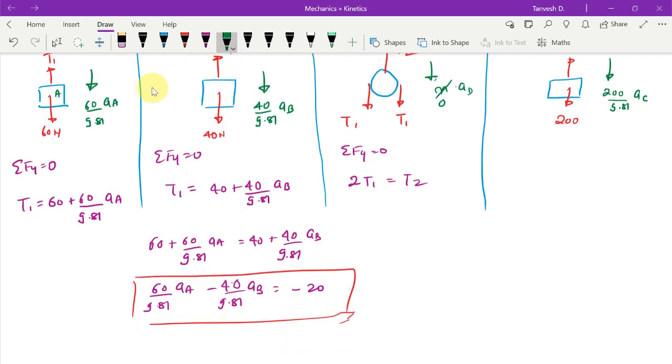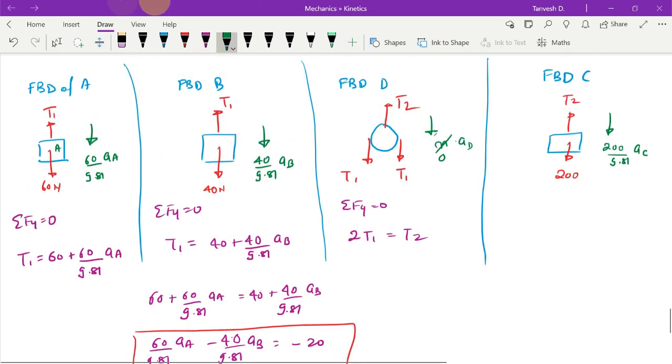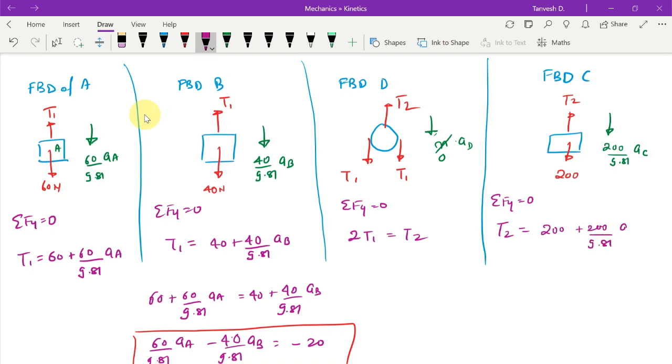So summation Fy equals 0 will yield me T2 equals 200 plus 200 upon 9.81 times AC.